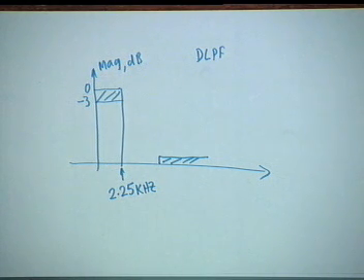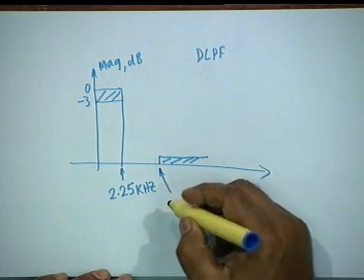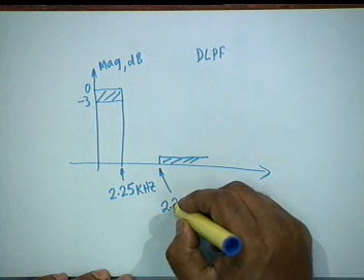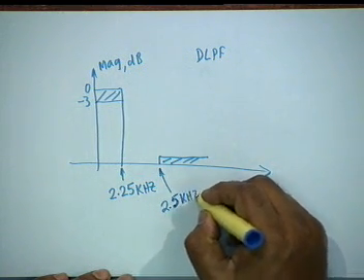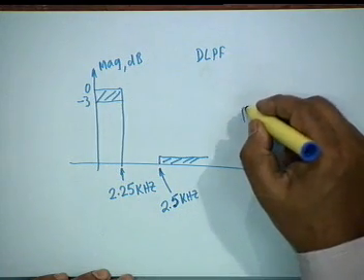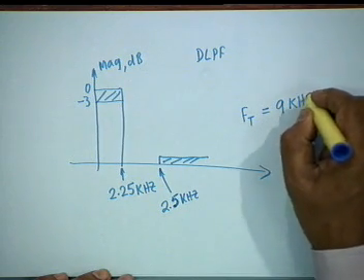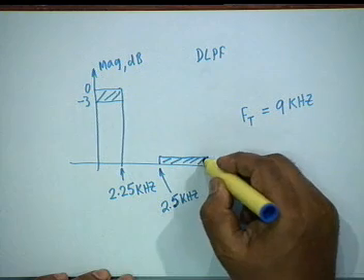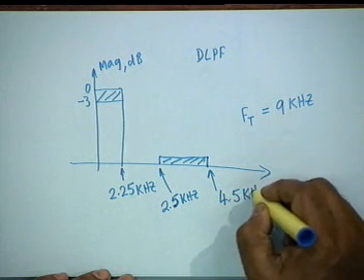This is how specifications are given. Actual frequency you have to convert to normalized digital frequency before you start designing. Then the stop band edge is pretty stiff, 2.5 kilohertz, and the sampling frequency f sub s is given as 9 kilohertz, and therefore the end of the baseband is 4.5 kilohertz.